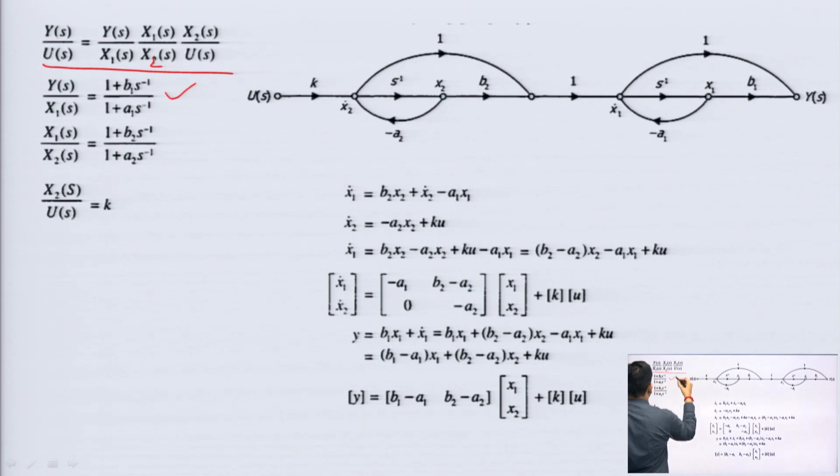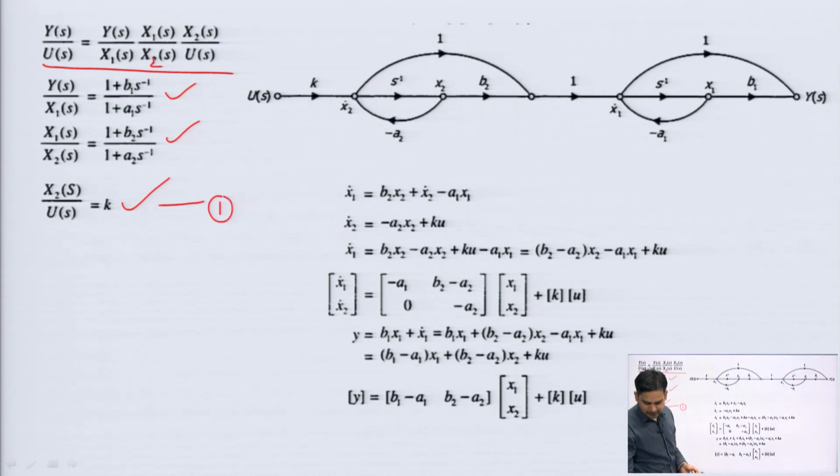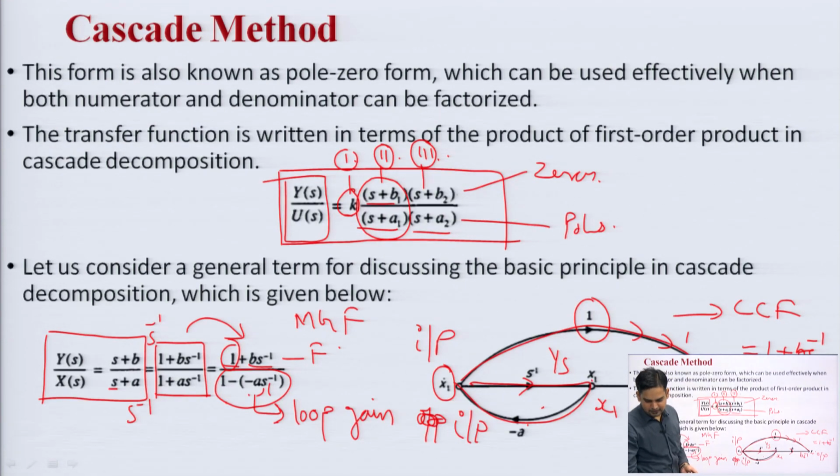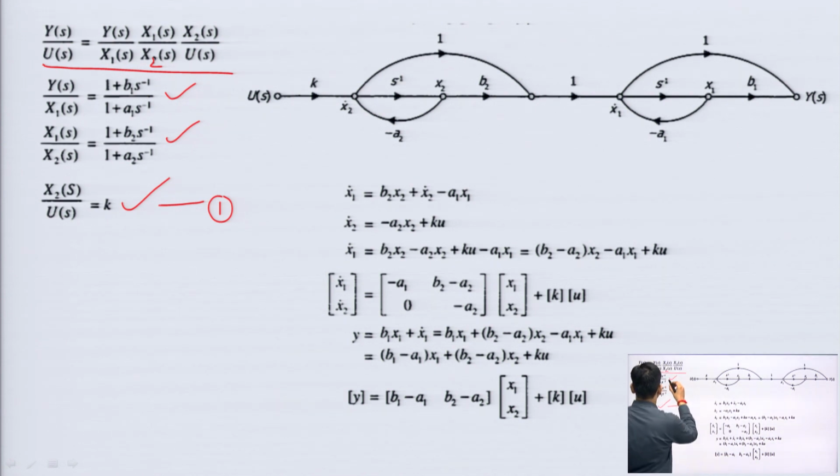So here I am assuming these 3 parts. With respect to the diagram, this is part number 1, this with b1 is the second part, and this is the third part.